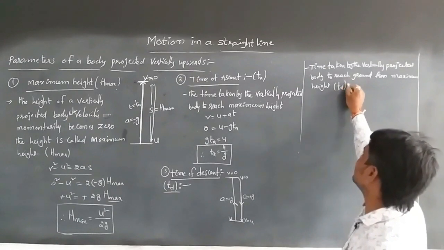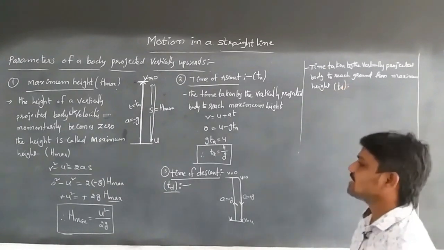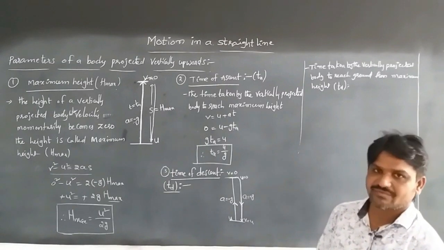It is denoted with t suffix d, and the time of ascent is equal to the time of descent.